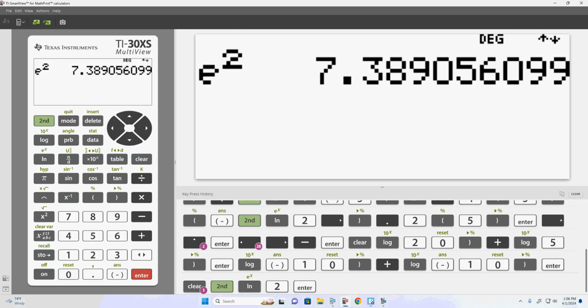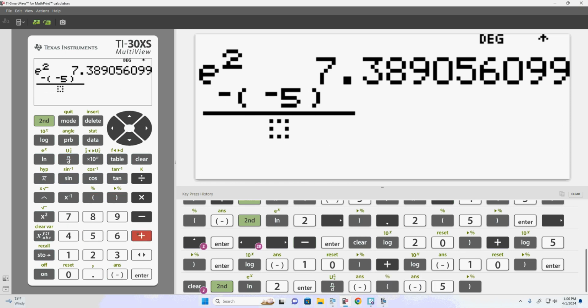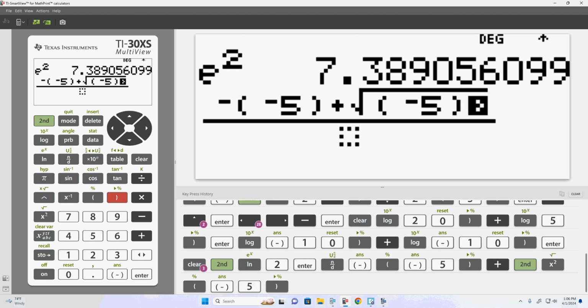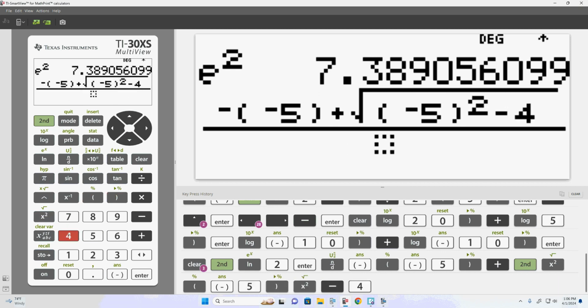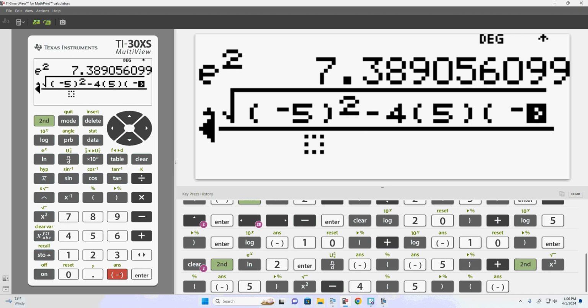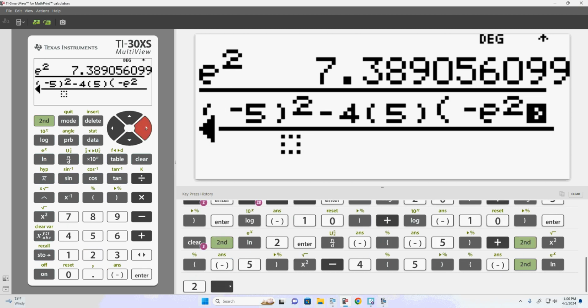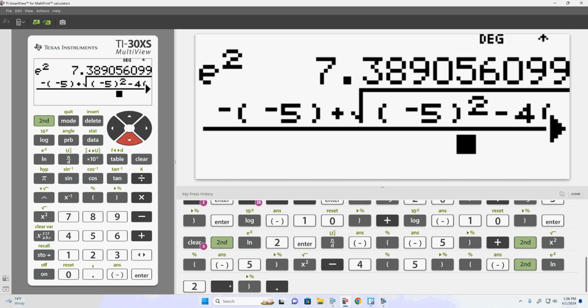But what we can also do is just grab the calculator, the TI-30XS or graphing, and type negative 5 plus second square root, negative 5 squared minus 4 times 5 times negative e squared. On both calculators, to get e, we do second ln. Second ln gets us e every single time.